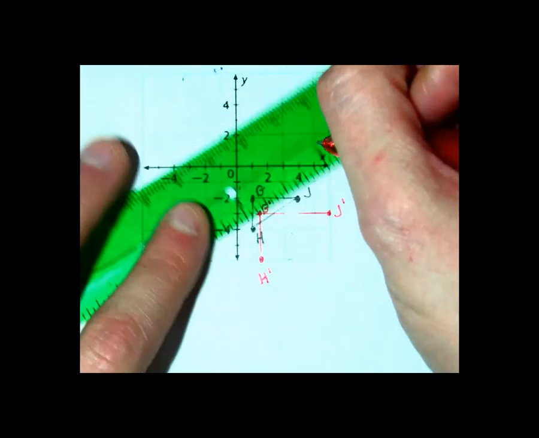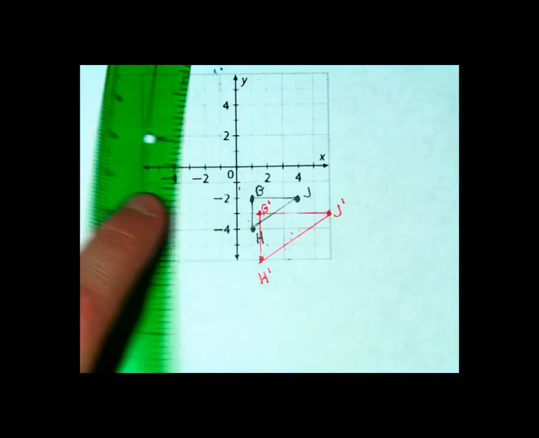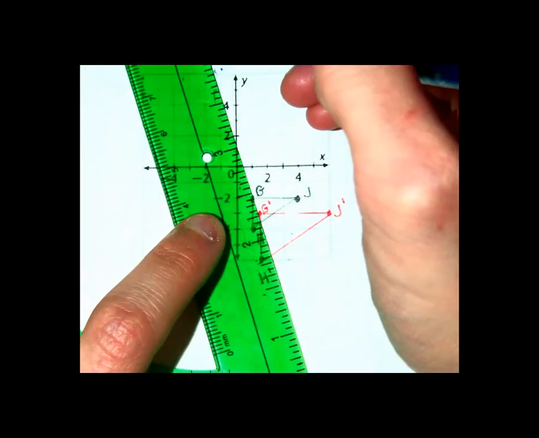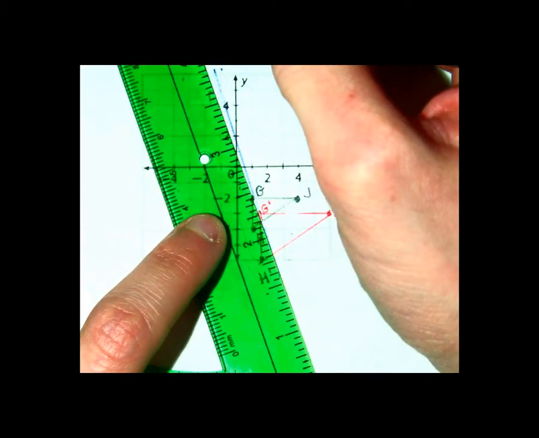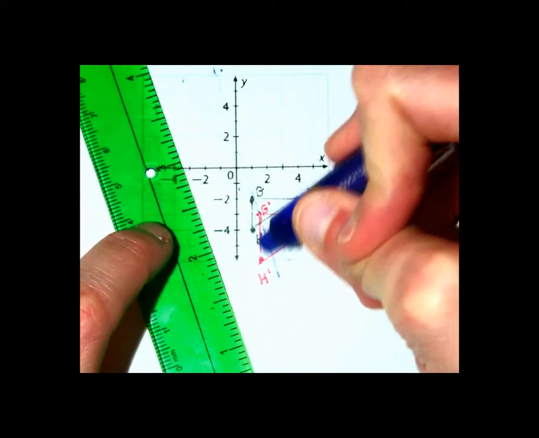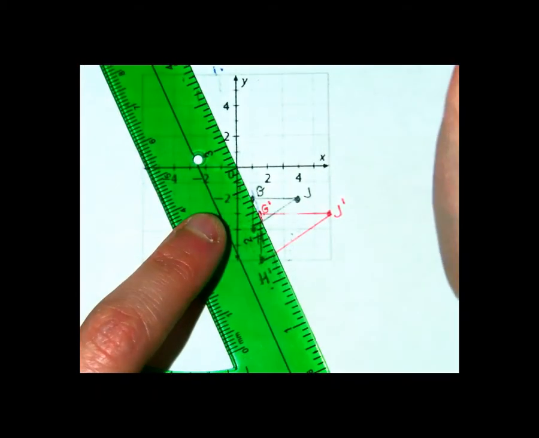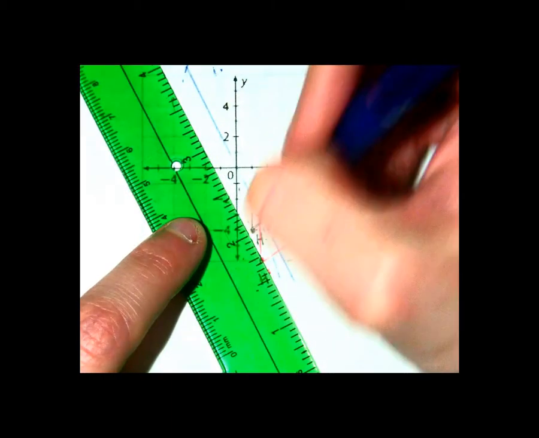To find the center of dilation, I'm going to create lines from each set of corresponding angles. So G to G prime. You need to be extremely careful, because I didn't do it as good as I needed to. Make sure you are connecting them exactly, because if you don't, then you're not going to get the correct center of dilation.